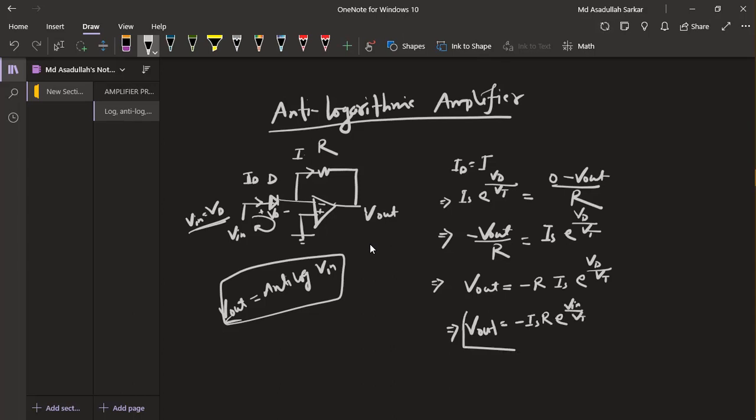This is the final expression of our anti-logarithmic amplifier. Here e, here V in and here V output. So it is clearly an anti-logarithmic amplifier.